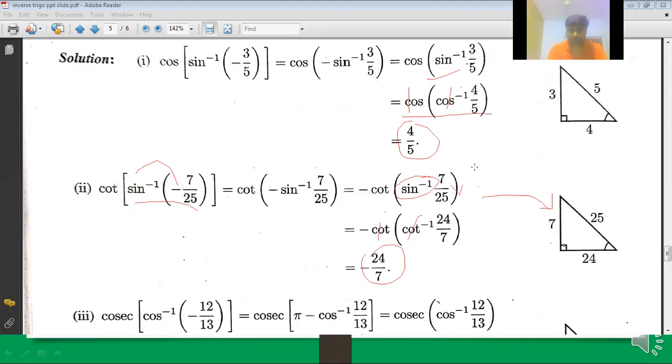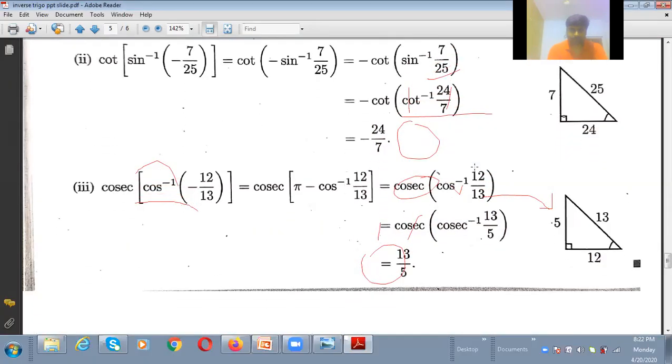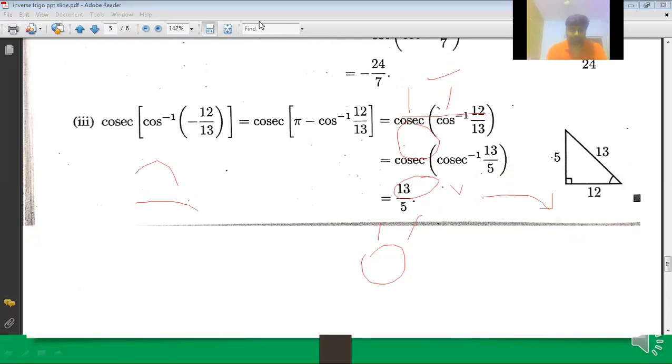Now, this one, cos inverse of minus 12 by 13. So now, here cos inverse of minus x. Just I told you, cos inverse of minus x formula is pi minus cos inverse x. So that is the formula, pi minus cos inverse that thing.